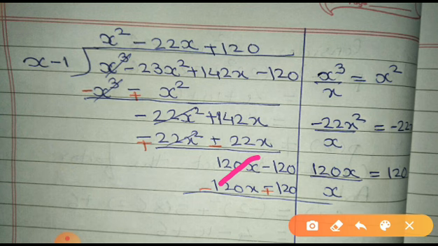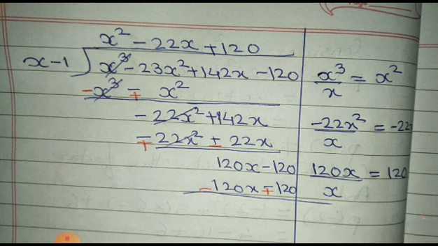Here I have got 120x minus 120. So again, can I divide that 120x minus 120 by x minus 1? Yes. Why? Because the degree of 120x minus 120 is 1 itself, and it is equal to the degree of the divisor, and hence I can divide.